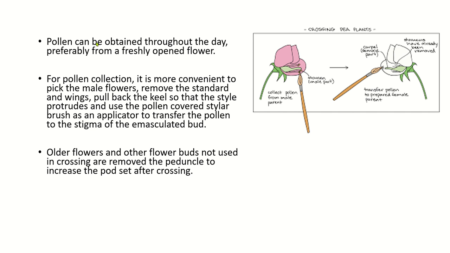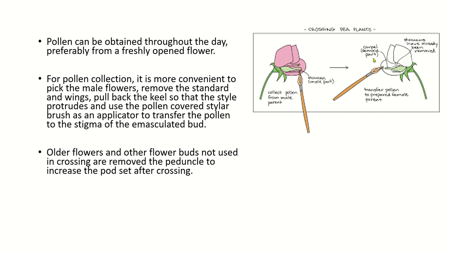Okay, and for pollen collection, it is more convenient to pick the male flowers and remove the standard and wing petals, and pull back the keel so that the style protrudes, and use the pollen covered styler brush as an applicator to transfer the pollen to the stigma of the emasculated flower. Okay, so all kinds of methods are given here.